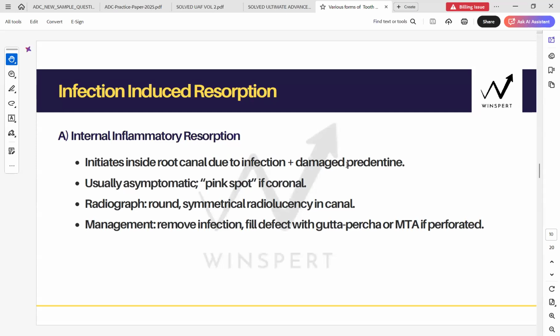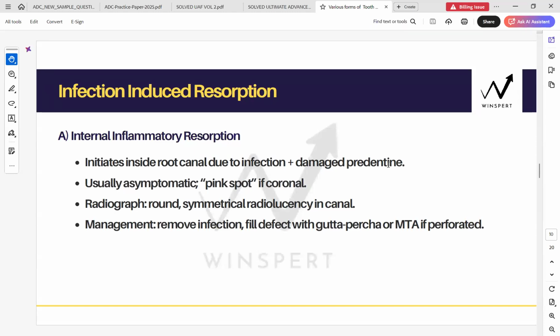That's your like first year, second year kind of concept. Exam is not asking it, just for your information, that when the predentine gets disrupted, then the odontoclasts start resorbing dentine within the canal system. So it initiates inside root canal due to infection, that is internal inflammatory resorption.